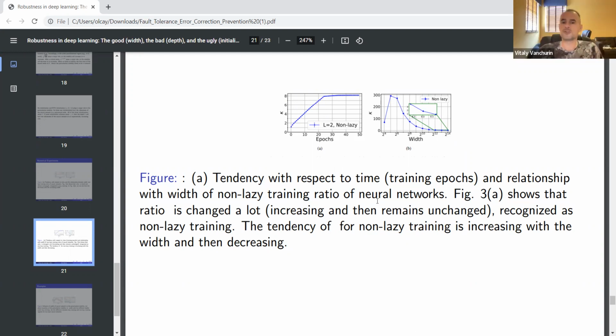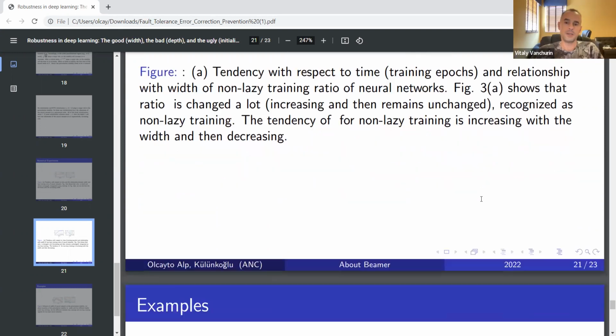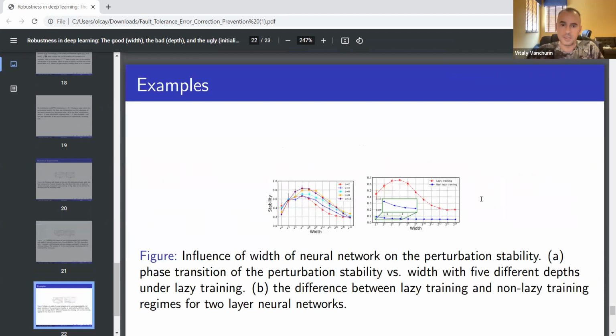Well, but that's most interesting, right? Lazy regime means you're just where you started in initial conditions, and of course you can do the analysis easily. The interesting part is what happens once you have trained long enough, and then how would the contributions from width and depth change? The numeric experiment is done for the shallow network, for the non-lazy regime. Okay, gotcha.